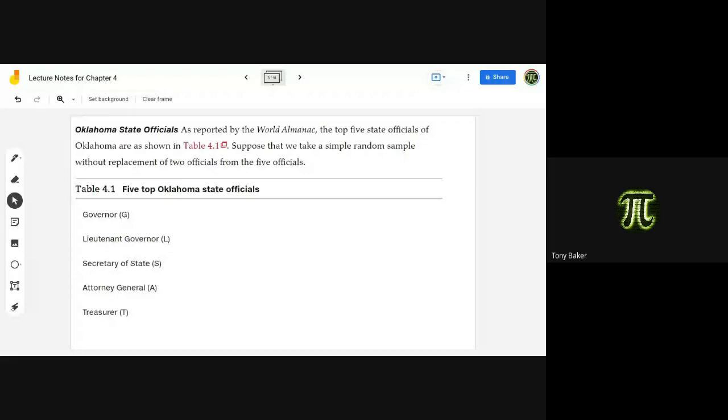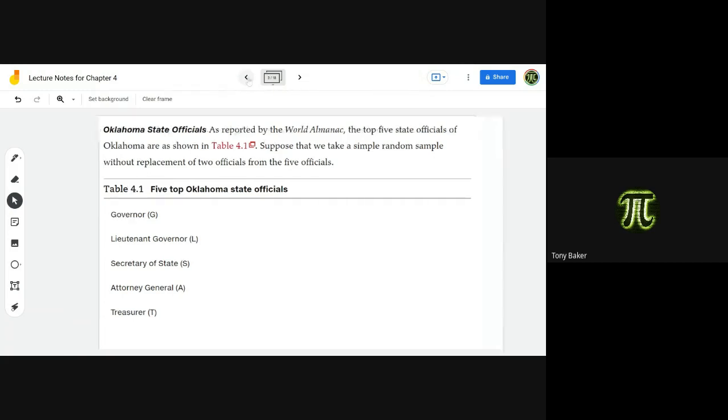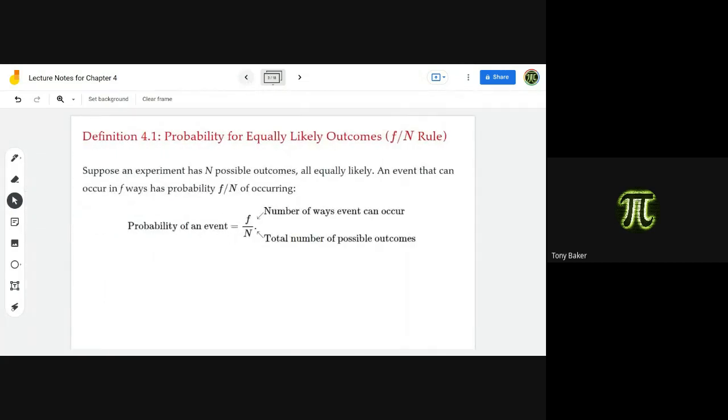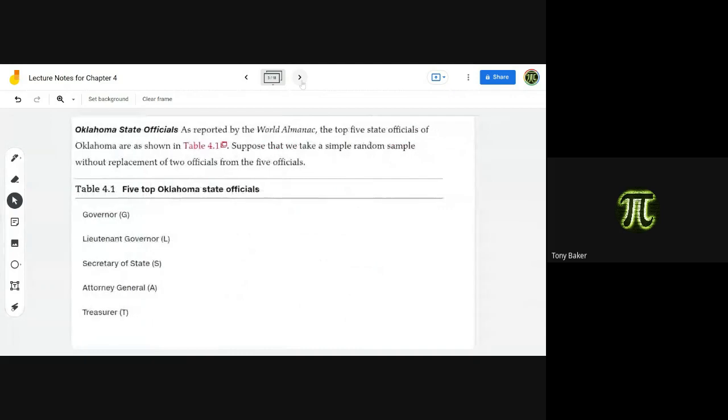Because just like having a die or a deck of cards, you know the total number of outcomes. F was the number of ways the event can occur, and N was the total number of possible outcomes. So in this situation, or in most situations that don't involve dice or cards, you have to come up with what all the possible outcomes we can have are.